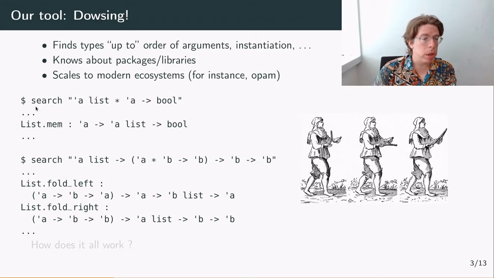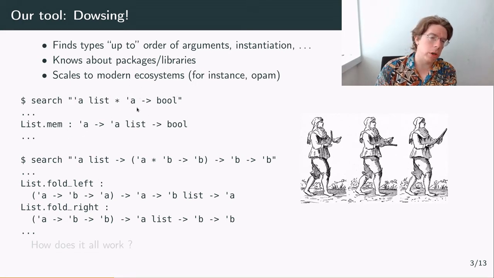For example, here I'm searching for a function with a type alpha, list.alpha arrow bool. And it's going to find the function List.mem with a slightly different type, but very similar.